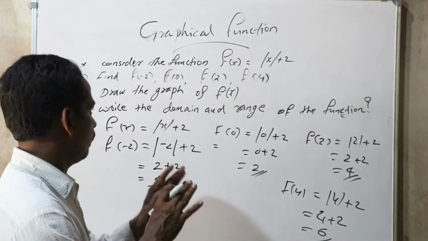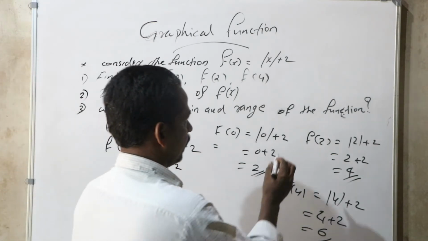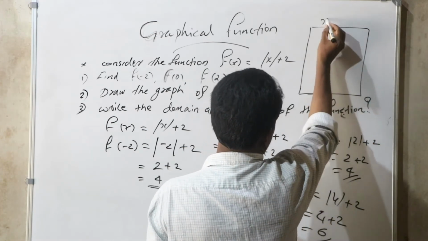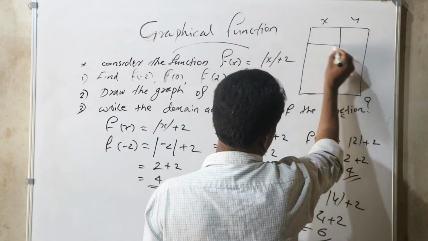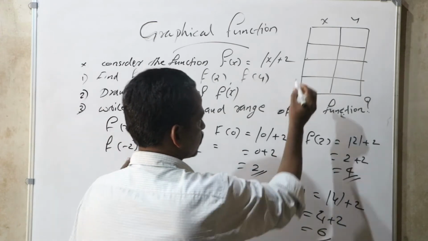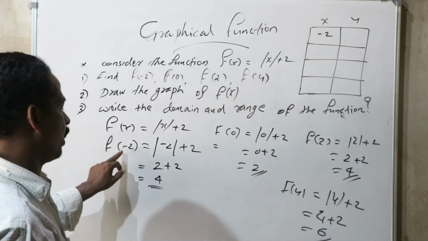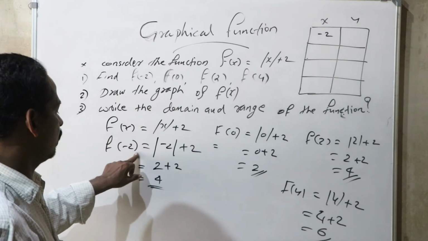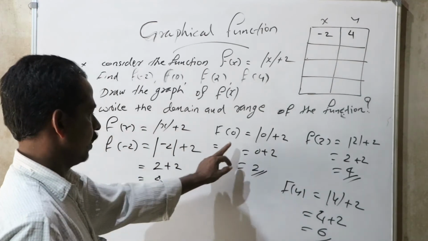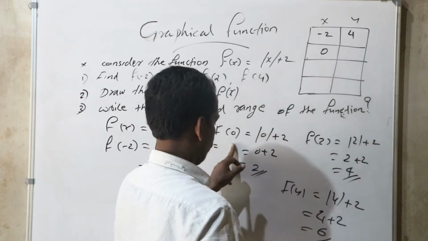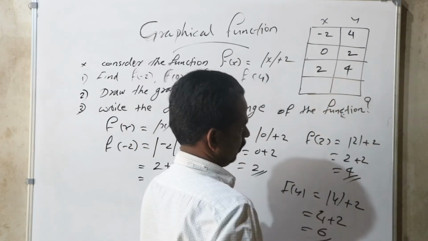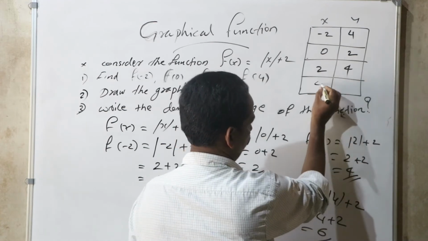And also we can make a small box with x and y. What are the ordered pairs? Minus 2, f of minus 2, x is minus 2, answer 4, y is 4. Then 0, 2, then 2, 4 and 4, 6.